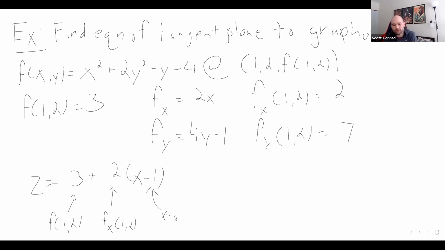This is our x minus a. Our a is 1 and our b is 2 in this case. And then plus the partial with respect to y at 1, 2 times y minus 2. And this y minus 2 is, of course, our y minus b.